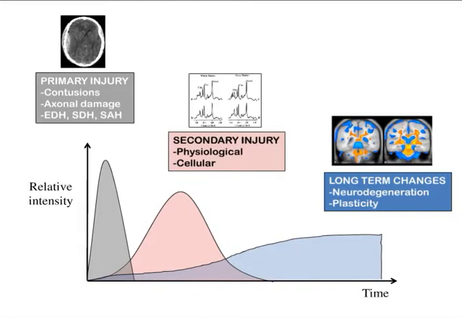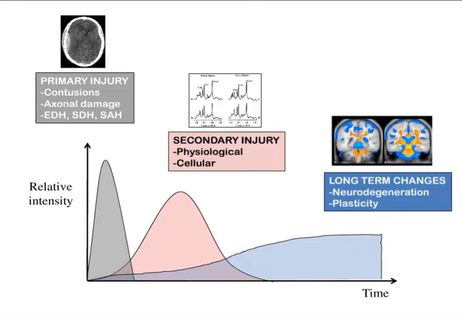When we think about the natural history, the time course of changes that occur after TBI, we know that there is this so-called primary damage, primary injury, which consists, for example, of diffuse axonal injury. It consists of hematomas with compression of the underlying parenchyma. It consists of several contusions.